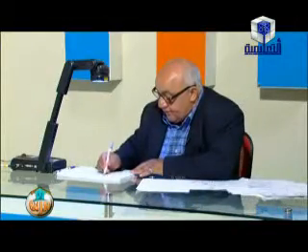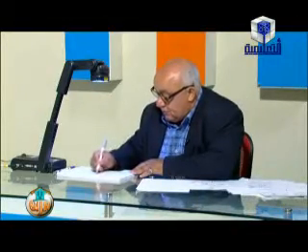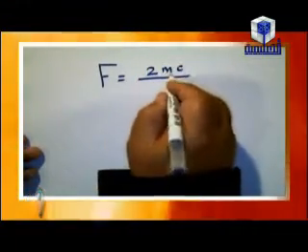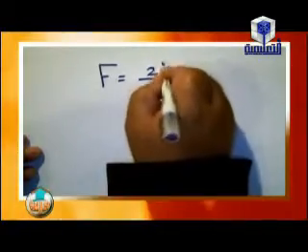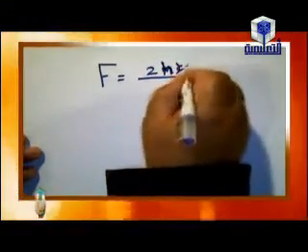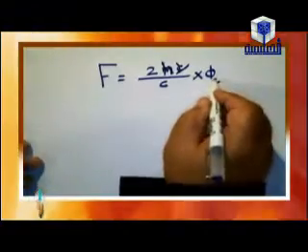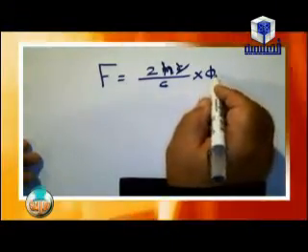Then force equals 2h nu over c times phi. Phi is the number of photons passing in 1 second.